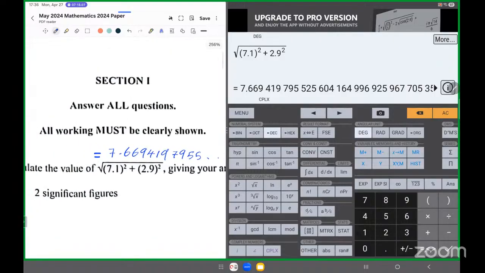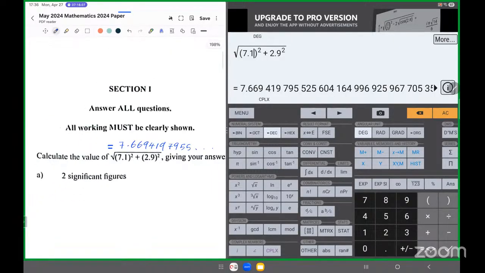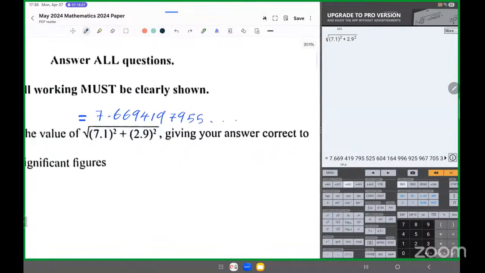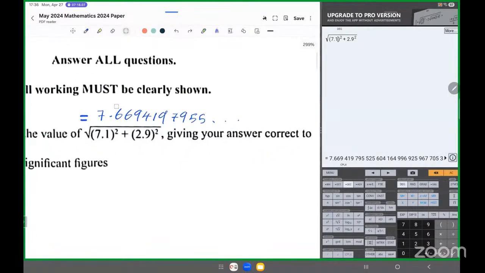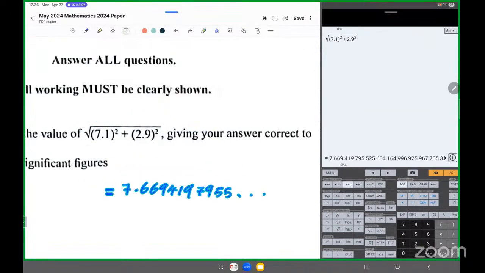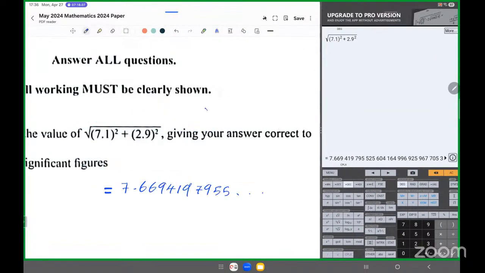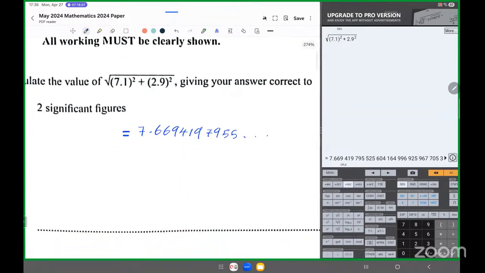The question wants us to correct it to 2 significant figures. So we have this number to correct to 2 significant figures. The first 2 significant figures are the first 2 non-zero values from left to right. Hold on a second.